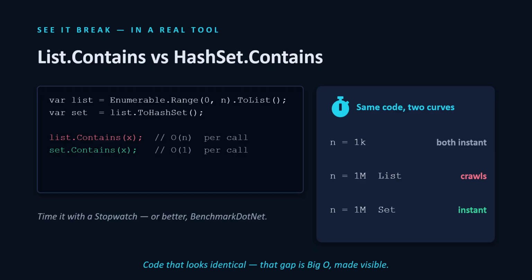The hash set is still instant and the list crawls, because every single contains is rescanning 1,000,000 elements. Wrap it in a stopwatch, or better, drop it into BenchmarkDotNet, and you will see two completely different curves come out of code that looks almost identical. That difference is Big O, made visible.